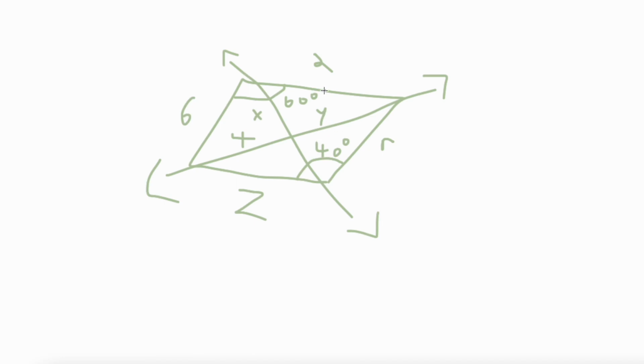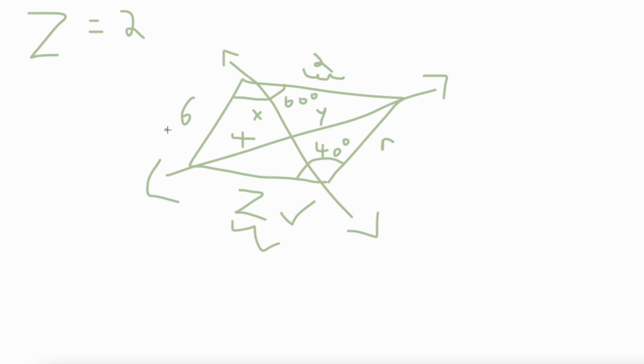So the first property of a parallelogram states that opposite sides are equal to each other. So I know that this side is 2, so z must also equal 2. Z equals 2. Great, we have the first length done, which I'll put a little checky mark here to indicate that we've solved it.